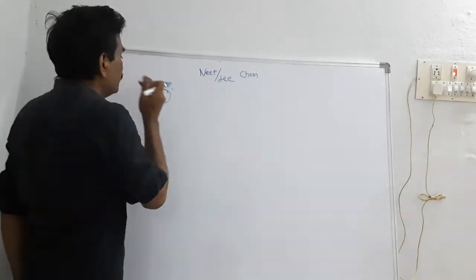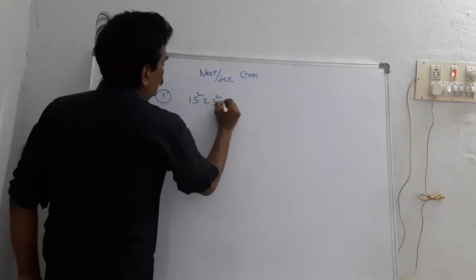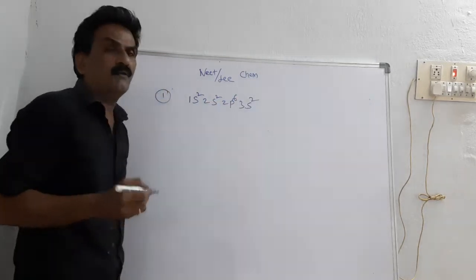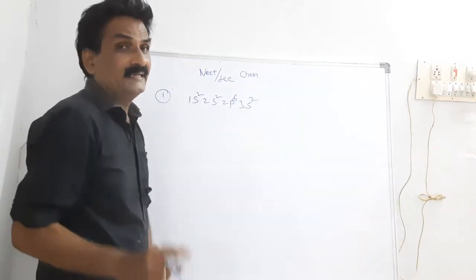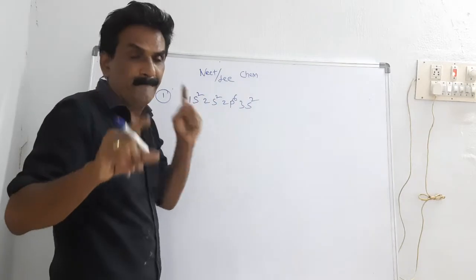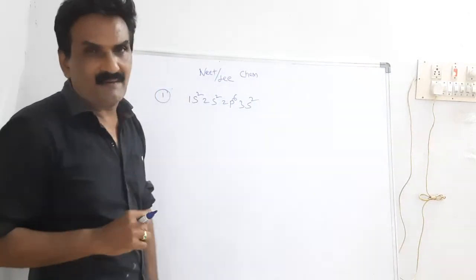For example, 1s2, 2s2, 2p6, 3s2 is the configuration of an element. Calculate the period and group number, he has asked.